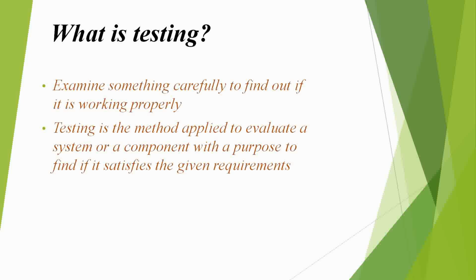What does it mean? For example, suppose you are going to buy a new mobile. You will go to the shop. Before seeing the mobile, you will have some requirements, right? What all requirements you will consider before buying a mobile? You will consider the storage of the mobile, like RAM and the internal storage.